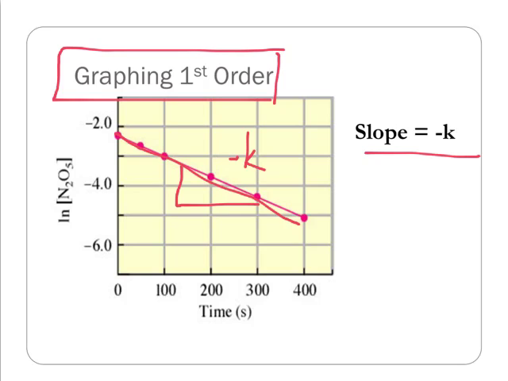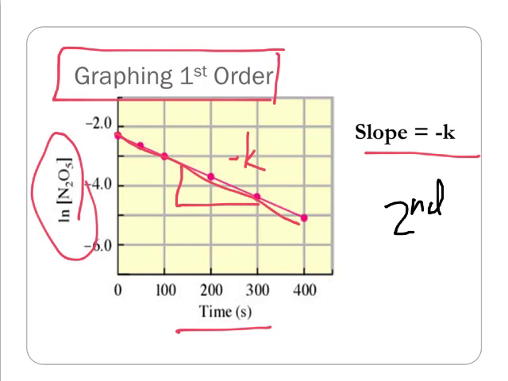So this is how real chemists will collect data. They'll go ahead and collect concentrations over a whole bunch of times. And if they were to graph the natural logs of those concentrations versus time, and it comes out to be straight, that's another way for them to determine that it's a first-order reaction. Now, earlier in the previous video, I told you that we're going to look at second-order reactions and zeroth-order reactions.